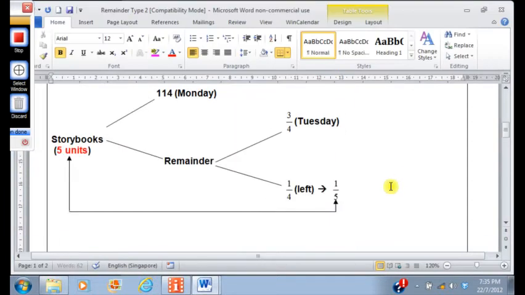I can't change the color, but never mind. This 5 goes to here. Okay?